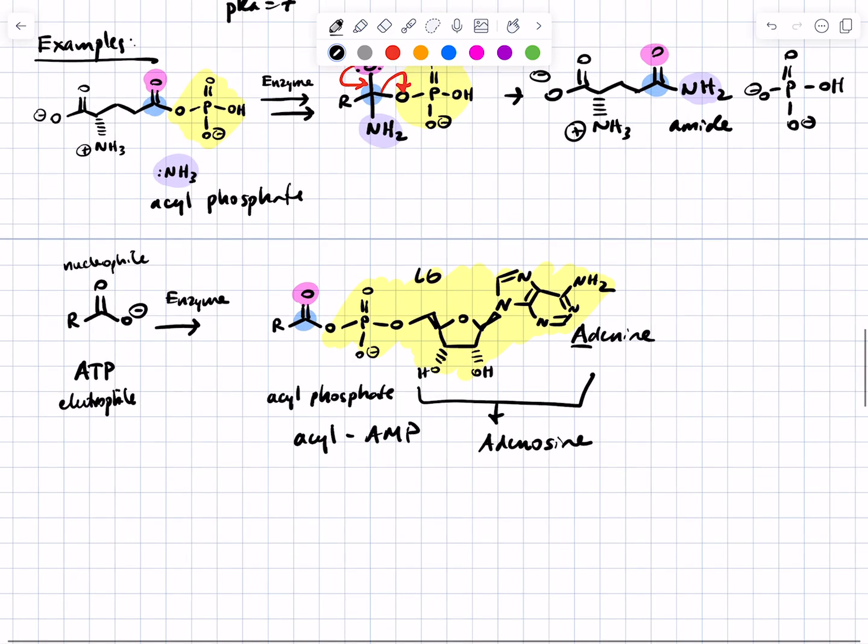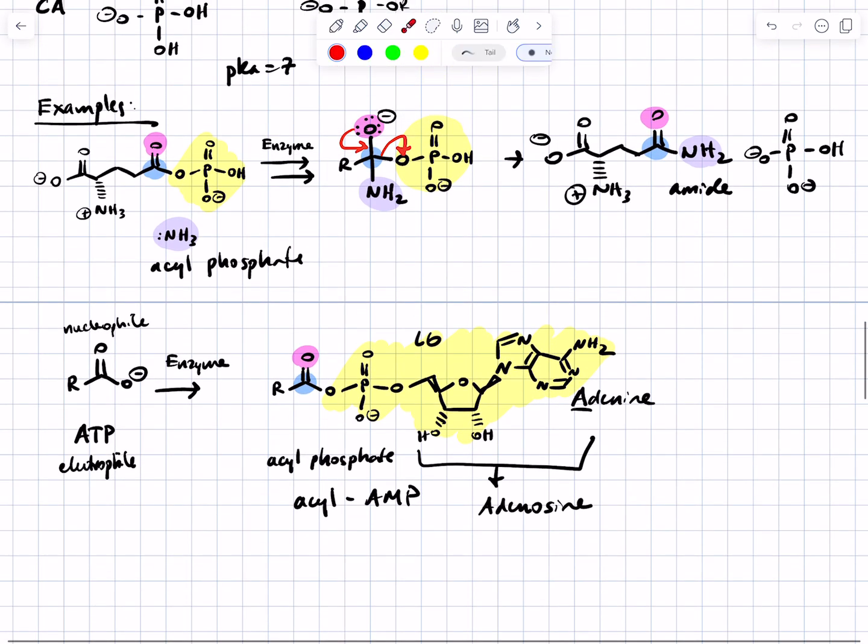Now, you might look at these two reactions and wonder, what on earth is nature doing? Why not just use the phosphate? It's so much more efficient. And the answer is, enzymes in nature have to catalyze the right reactions, meaning the right molecules have to fit in the enzyme active site, and they should also not catalyze the wrong reactions.